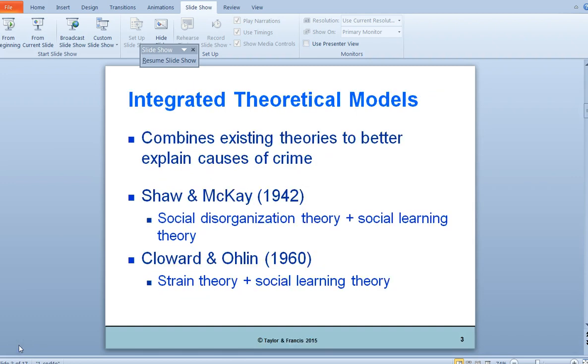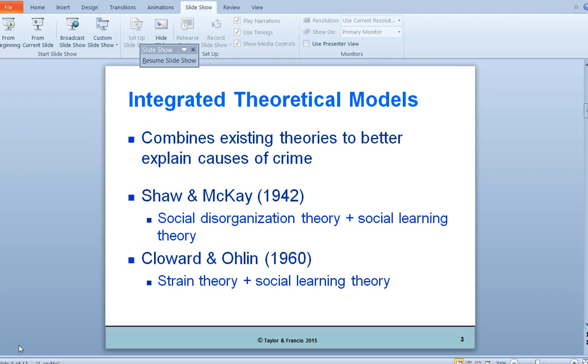The integrated theoretical models combine existing theories to help explain why crime occurs. A few examples: Shaw and McKay in 1942 combined social disorganization theory with social learning theory, and Cloward and Ohlin in 1960 combined strain theory and social learning theory.